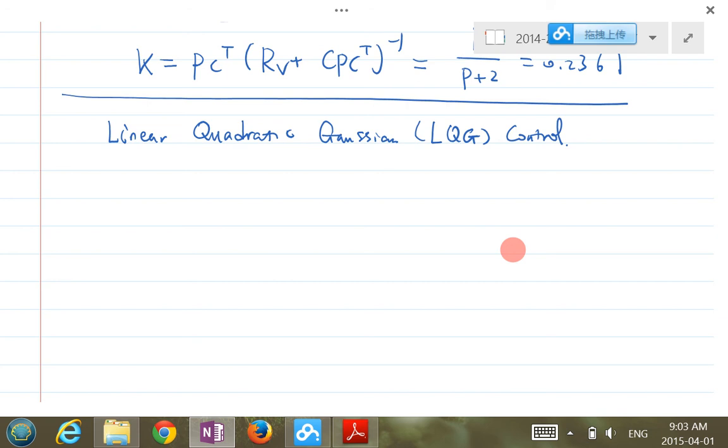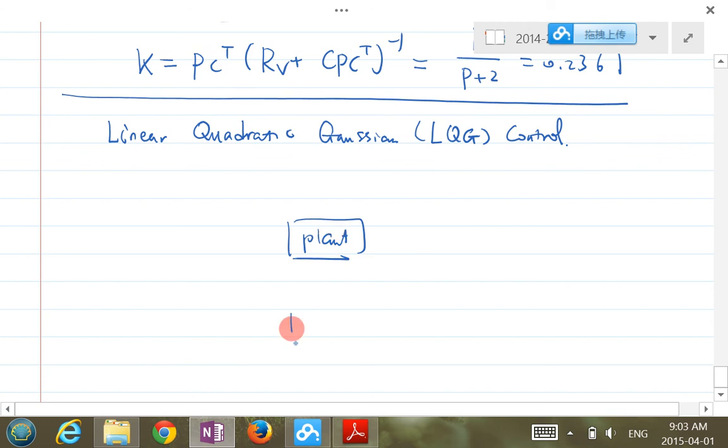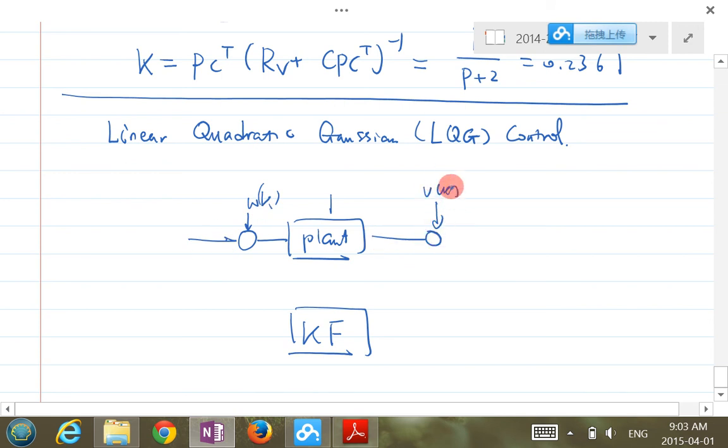So let's say this is a plant here, and here's your Kalman filter. The plant is probably contaminated with noise, say W of k here, and then with the sensor noise V of k, for example.